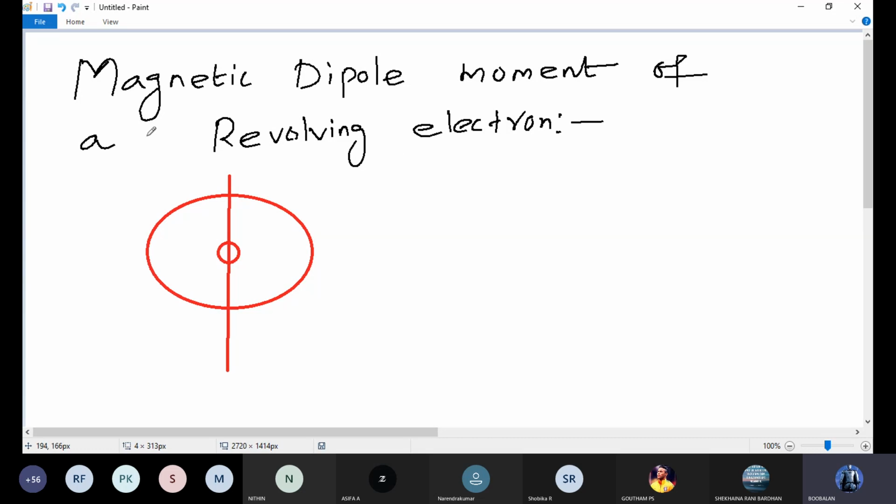So it is based on the Bohr model of the hydrogen atom. Just consider one positive charge. This is the positive charge, and this is the direction of current.